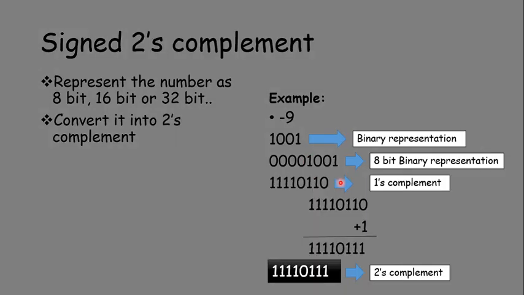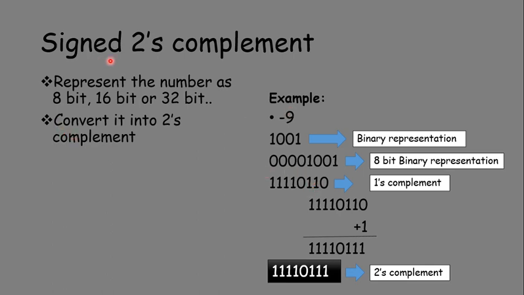Next we will do signed two's complement. Let's start with the example. This is my -9. First I will convert 9 to binary representation, which is 1001. Then I will convert it to 8 bit binary representation and then into one's complement form: 11110110.